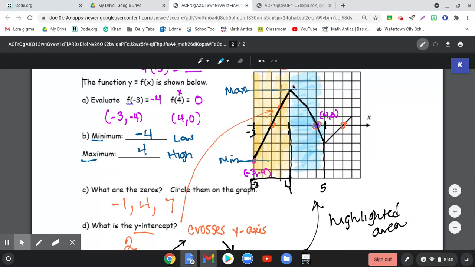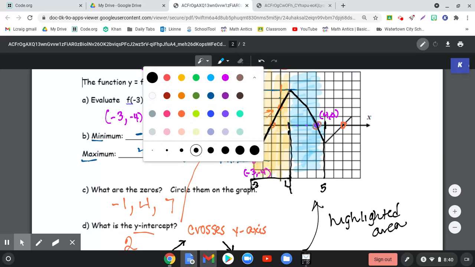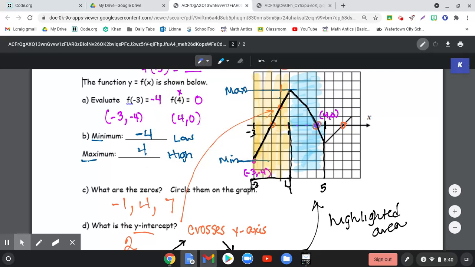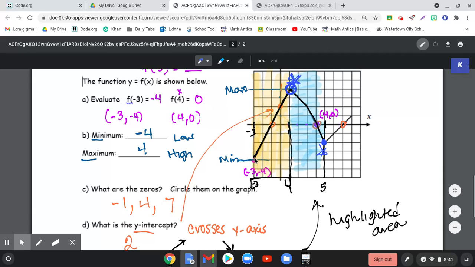So it looks like, let me change up the color again here. Let's see, we haven't used blue on this one. This is a turning point. I'm going to put a little star by it. And this is a turning point. So there are, this is not a turning point. It's not turning, it's ending. It turns here.